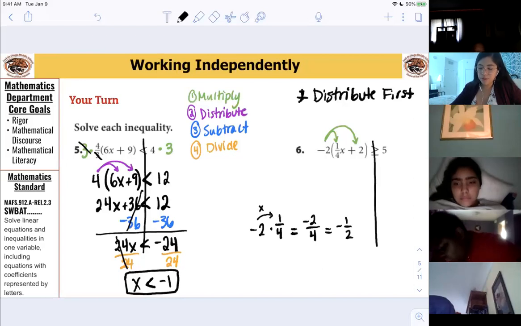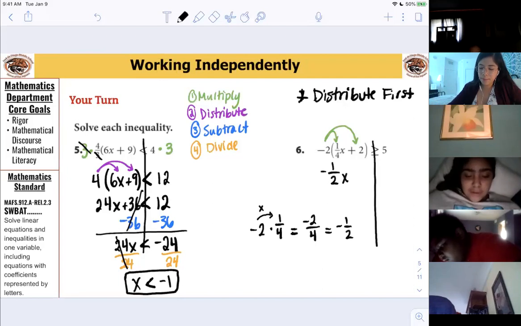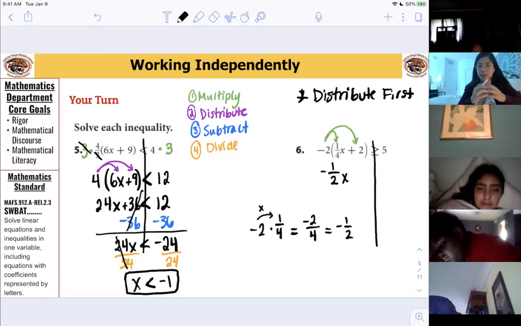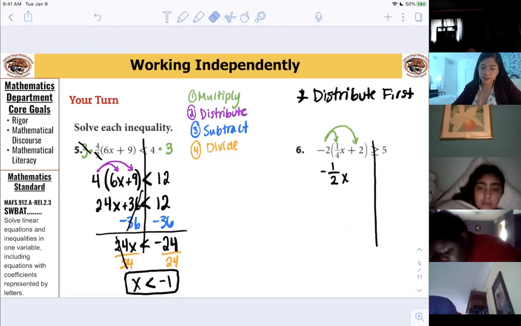Exactly. So instead of dividing by 4, because it's not going to give us a whole number, all we did was simplify that fraction. That's -1/2 x. You can also think about it like you're taking 1/4 and multiplying that by 2. So if you take 2/4, put them together, you get 1/2. Like 2/4 make 50 cents.